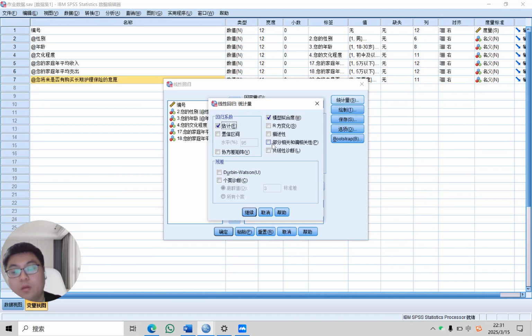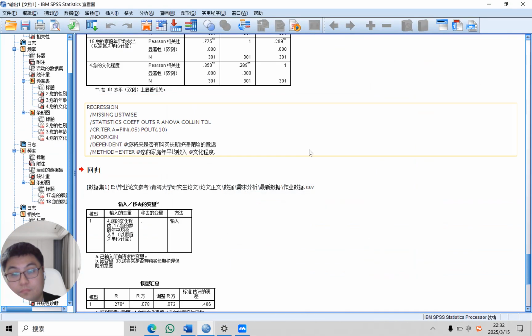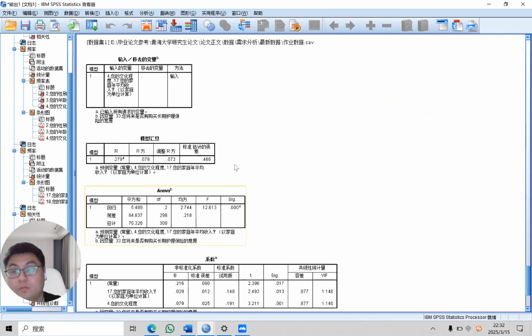Because the collinearity analysis is required, we will check the box for collinearity diagnostics in the statistics selection. Then we will get the result.